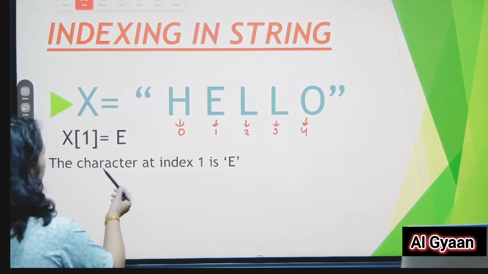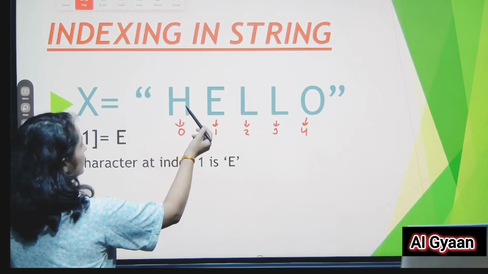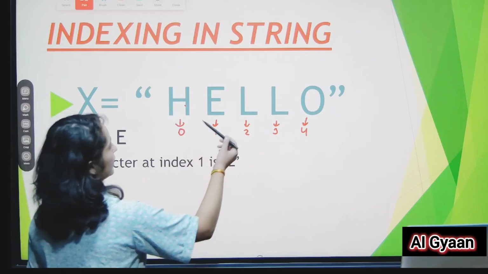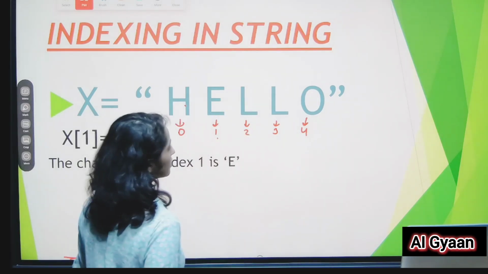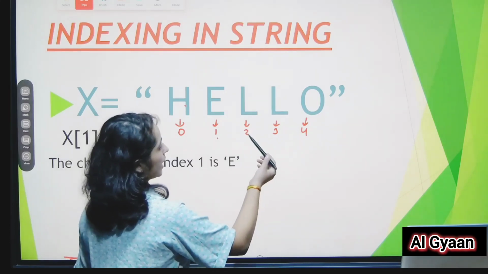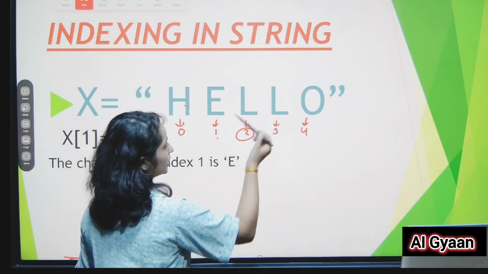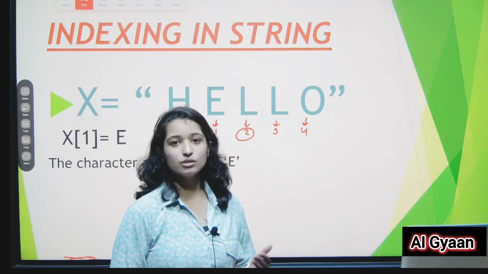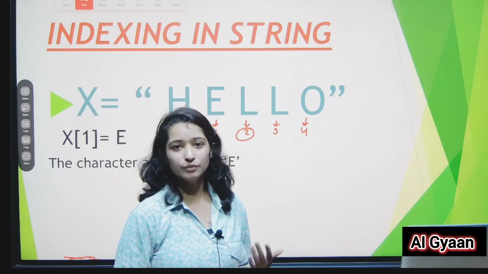That is, the character at index 0 will be h, the character at index 1 is e, the character at index number 2 is l and so on. Indexing is always written in square brackets.